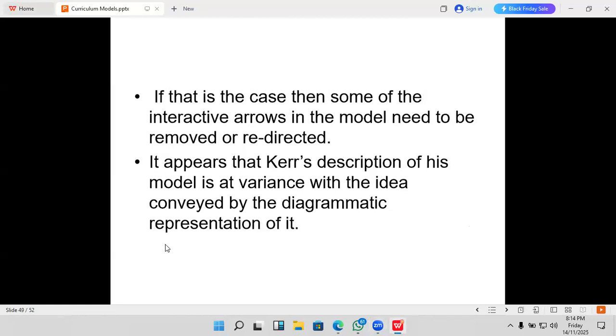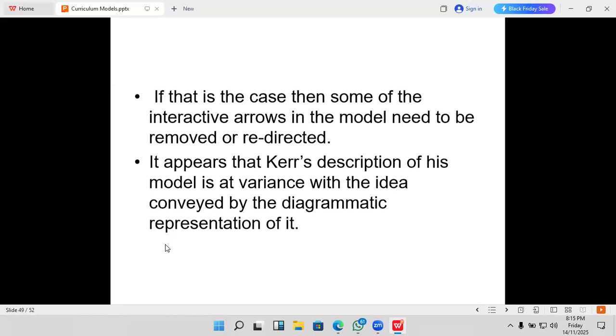If that is the case, then some of the interactive errors in the model need to be removed or redirected. That is another criticism, that some of the arrows should be removed. It appears that Kerr's description of his model is at variation with the idea conveyed by the diagrammatic representation of it.